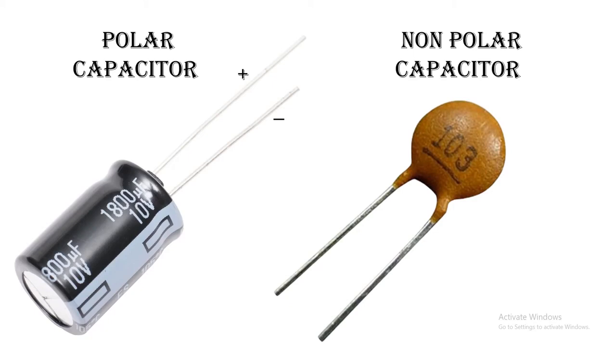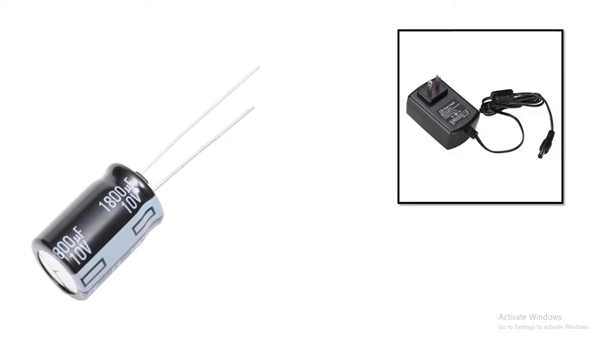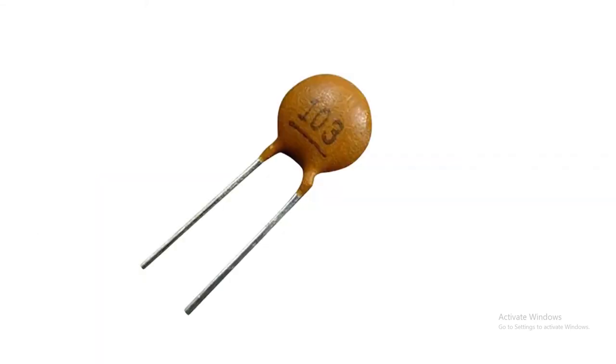Both work the same way, both store charges. The polar capacitor we use in power supply chargers, adapters or high power supplies for filtration to purify AC current into DC current, while the ceramic capacitor we use in signal filtration or purification.